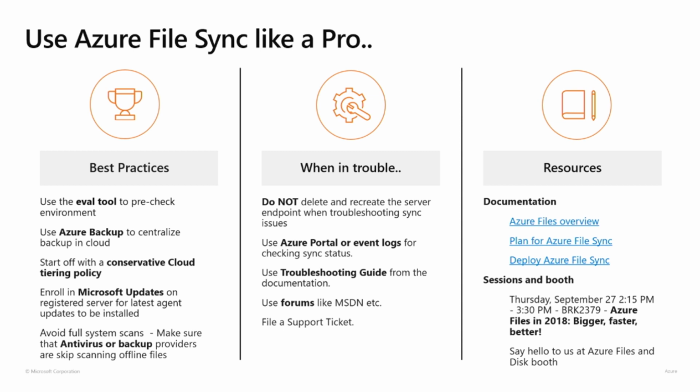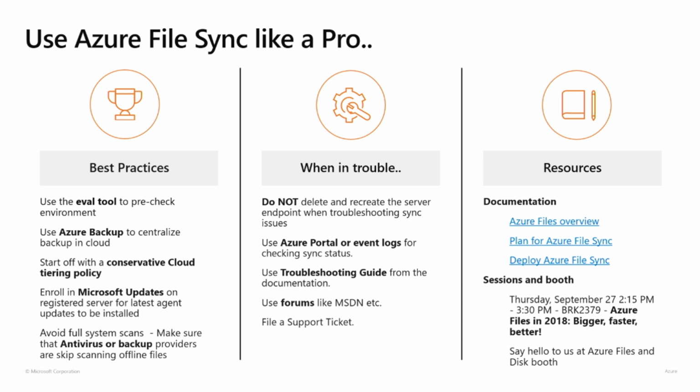And as in any sync service, you want to avoid full system scans. Sometimes we have customers who say, oh, all our files are getting recalled back. What's going on? And they didn't know that there was an antivirus going and sniffing each and every file, and bringing it down. In the file system, there is an attribute called skip offline files.